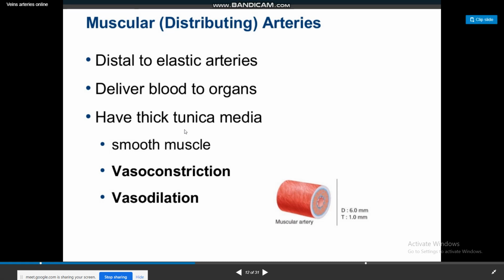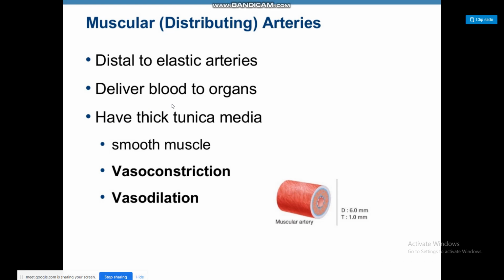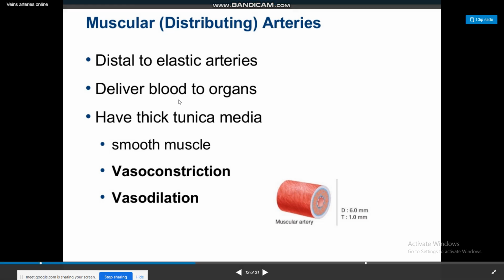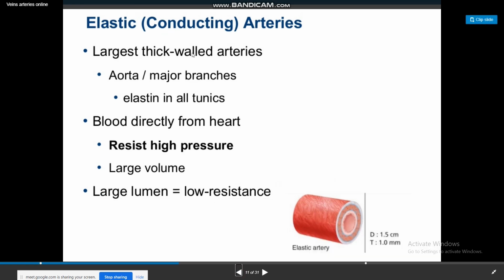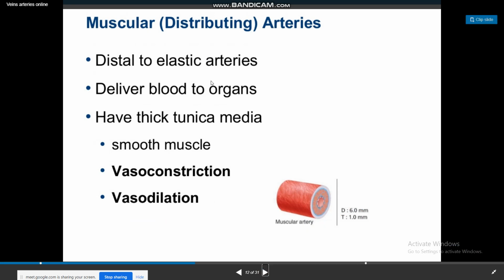These have a thick tunica media. In muscular arteries you will get a thick tunica media, so the middle layer is thick. In elastic arteries, elastin is there, and they are the thickest-walled arteries.